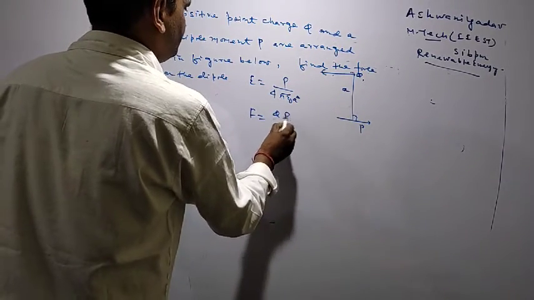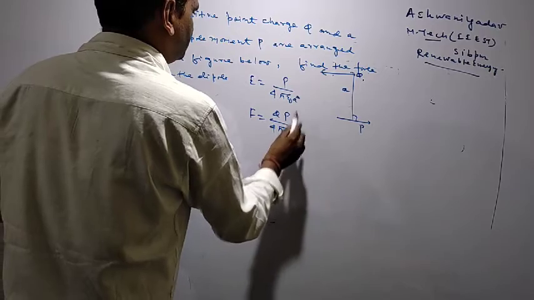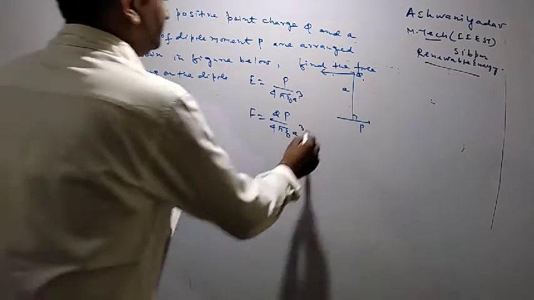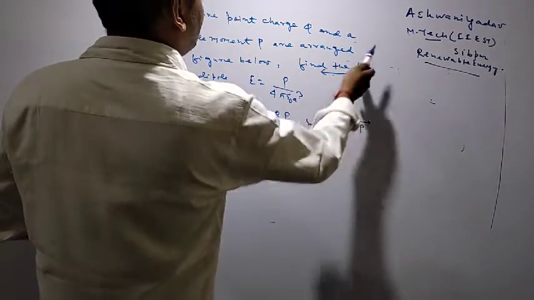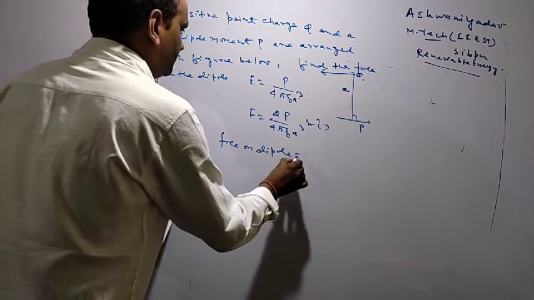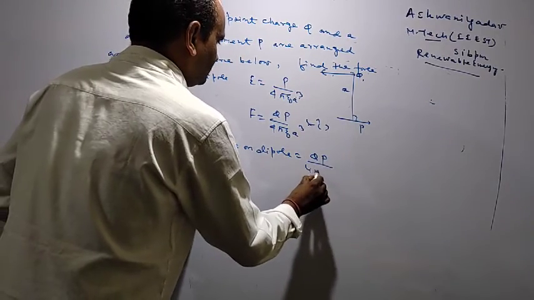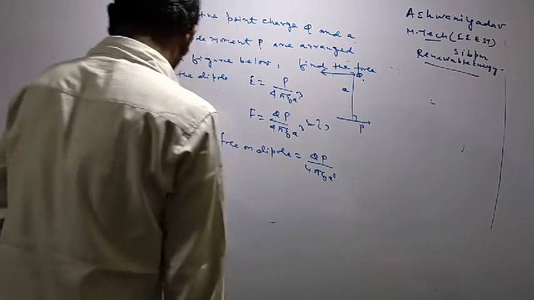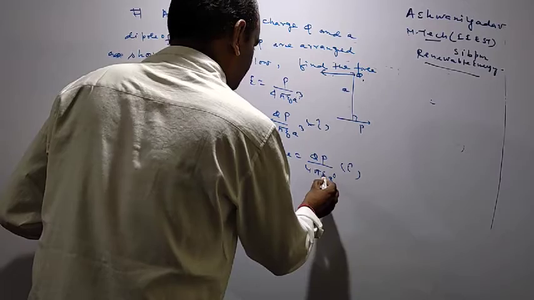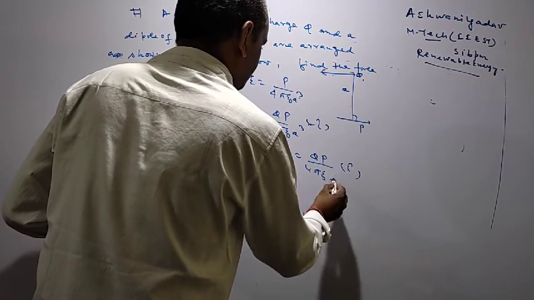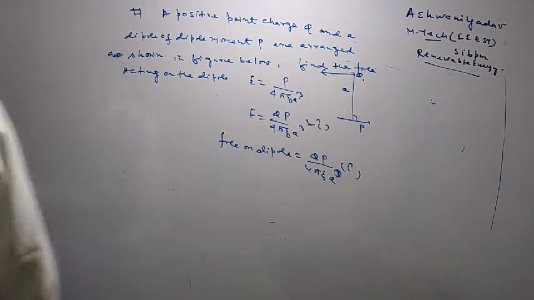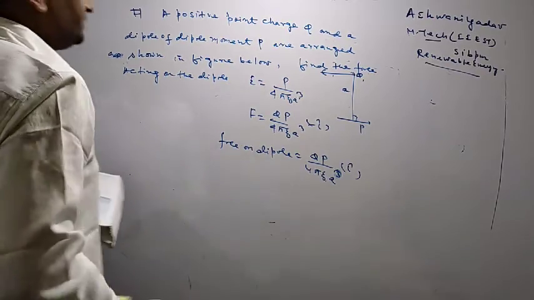So we have QP by 4 pi epsilon naught a cube. This is -i, and this is the force on charge Q. Then the force on the dipole is in the opposite direction, with epsilon naught and distance a to the power 3. So this is the force on the dipole.